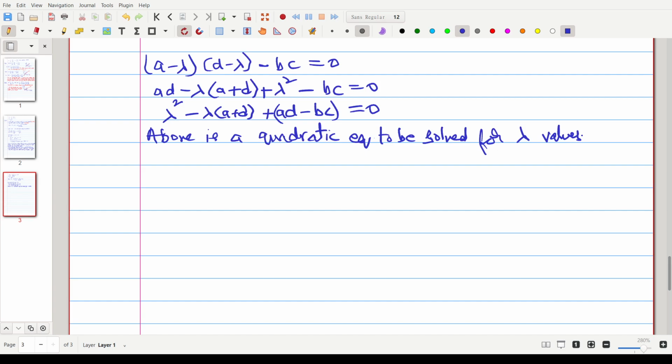We get two values here, right? Because this is a quadratic equation, we get two lambda values. Now let's say we get lambda 1 and lambda 2 as the solutions.